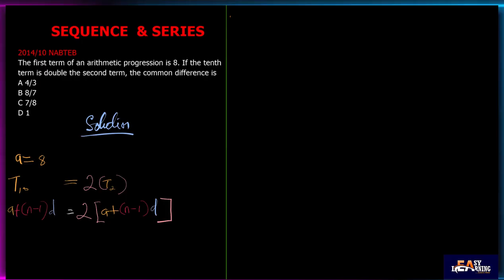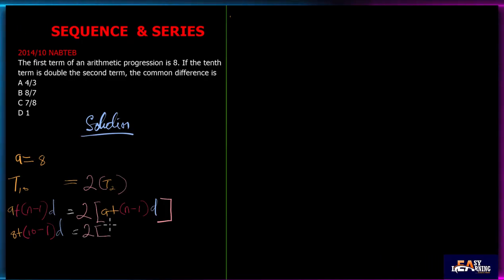All right, now we were given our first term as 8, so we are going to introduce 8. It means 8 plus, and n in this case is the 10th term, so here will be 10 minus 1, then times the common difference. All right, equals 2 times everything in the bracket.